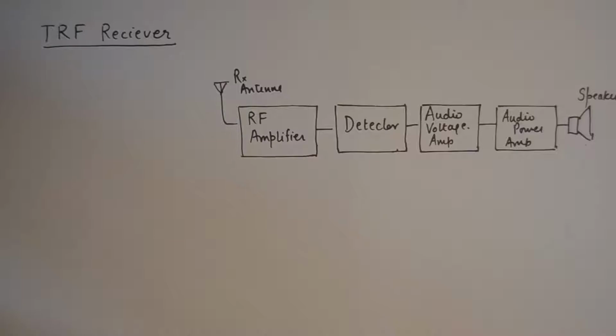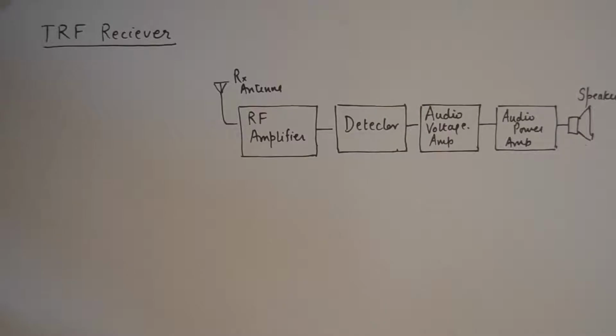In today's tutorial we'll talk about a receiver known as the TRF receiver. It's a kind of AM receiver, and the primary objective of this receiver is to receive the carrier wave from the surroundings and extract the message signal, or the baseband signal, from the desired modulated signal.